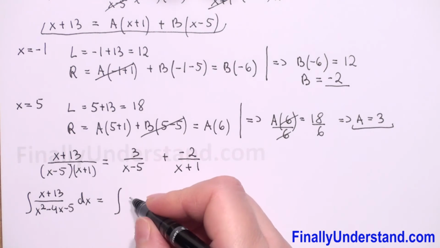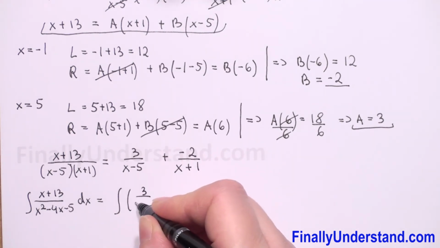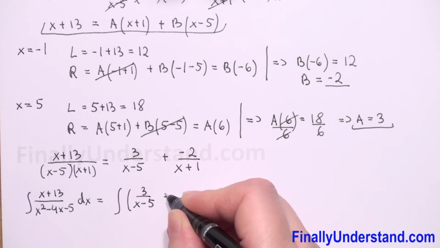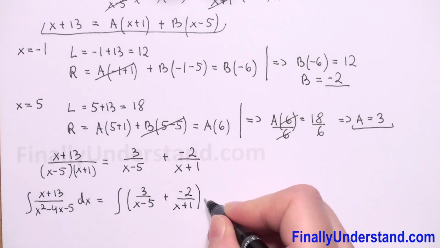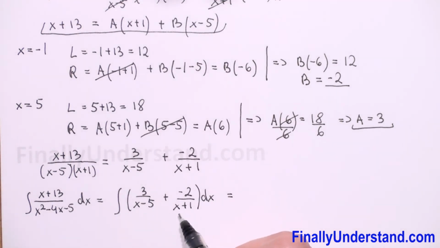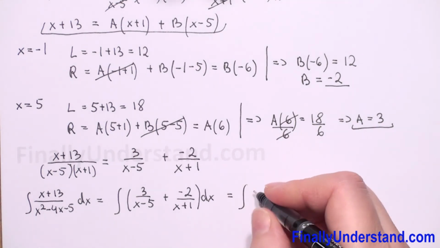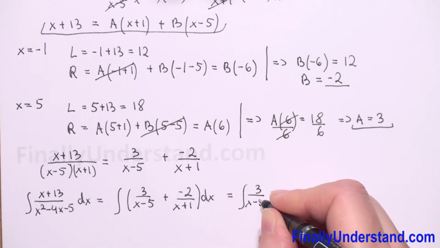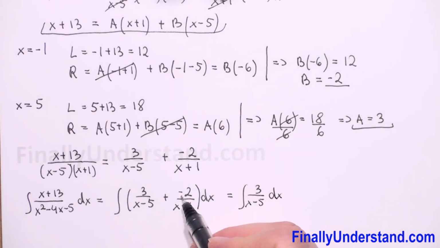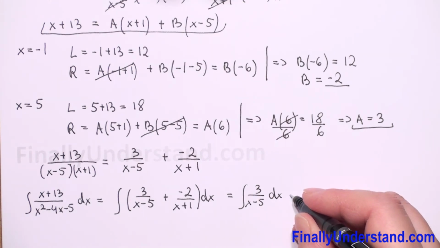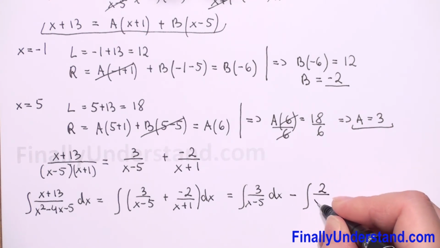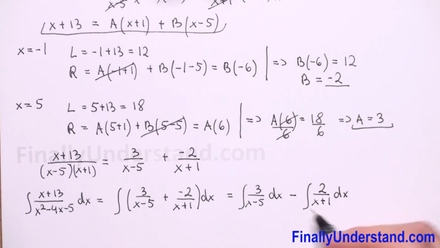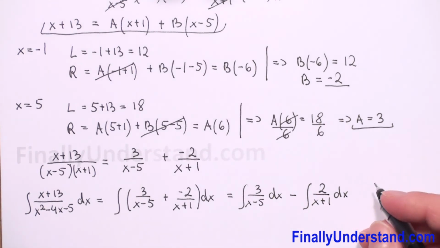So we will have the integral of 3 over x minus 5 plus -2 over x plus 1 with respect to x. The integral of a sum is equal to the sum of integrals. So we have the integral of 3 over x minus 5 with respect to x. Positive and negative give us negative, so it will be a negative sign before the integral, and we have 2 over x plus 1 with respect to x. We get two very easy integrals.